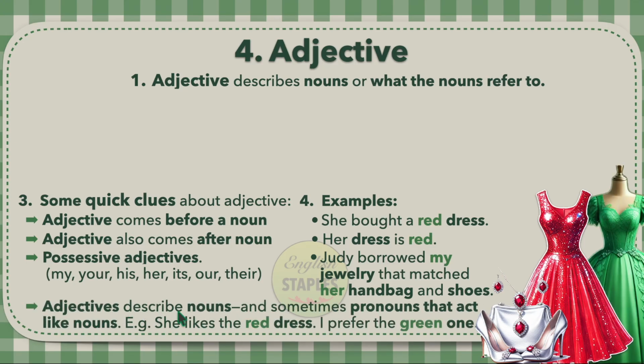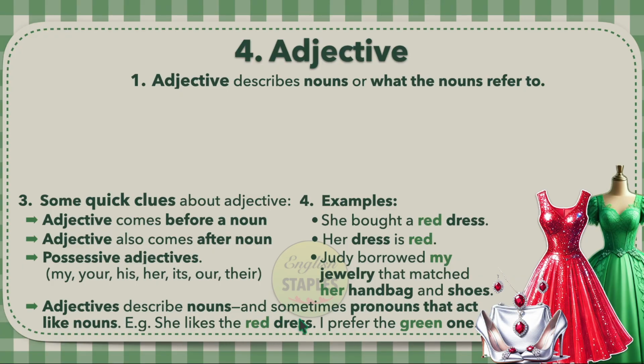Adjectives describe nouns and sometimes pronouns that act like adjectives. For example, she likes the red dress. I prefer the green one. Instead of dress, I can use the pronoun one. And green describes one, the green dress. Do you see that? She likes the red dress.